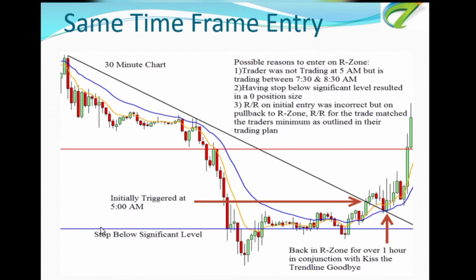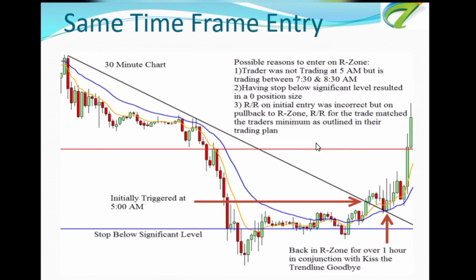If considering this blue line, as we have studied in significant levels, we generally represent it with blue. So this is a significant level on a weekly basis based upon the historical data, and at 5 a.m. here the trade was triggered, but due to some reason you were not watching it, then you'll have to wait.